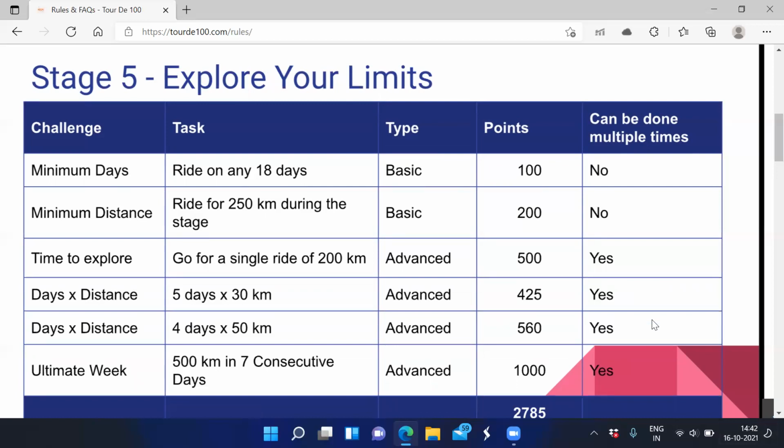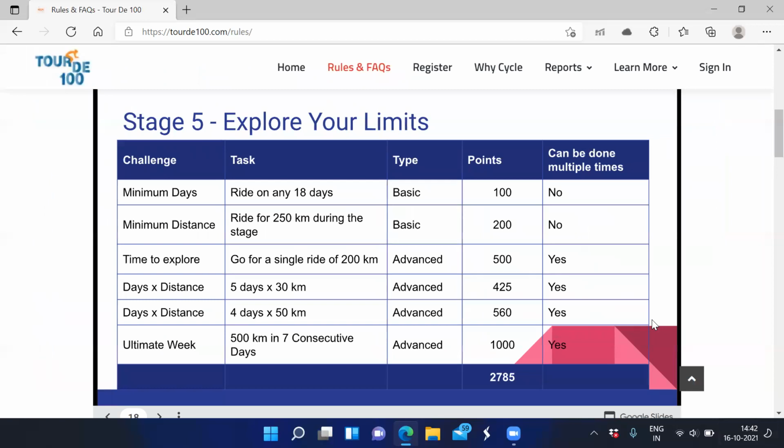Like this you can complete it, but for this you need to have a lot of protein and everything, and you have to start your training at least a month ago. That's why today, when approximately a month and 4 days are left for this event, I am putting this video up for all my cycling buddies.